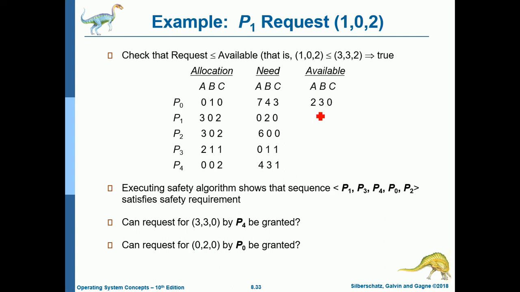So, we're going to subtract. So, 0 2 0. So, subtract. So, we have 0, 1, 2. This is the available resource. So, it's still less than the available, so the request. So, but the answer is this.